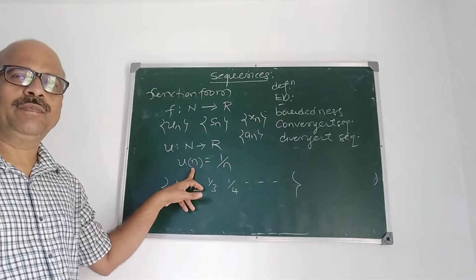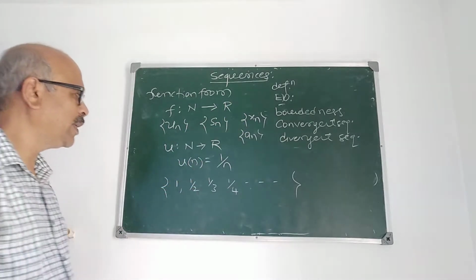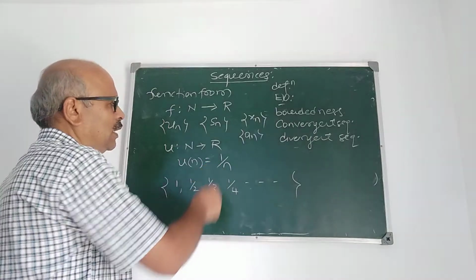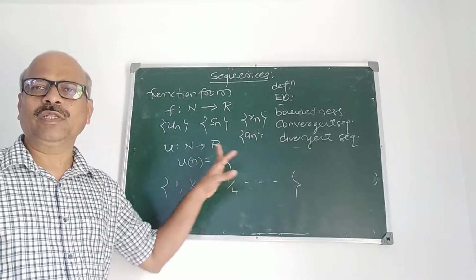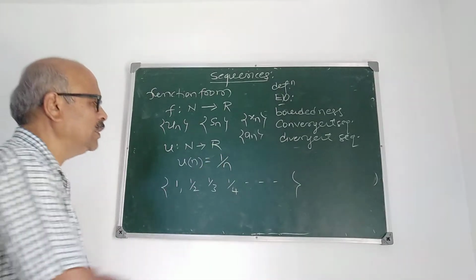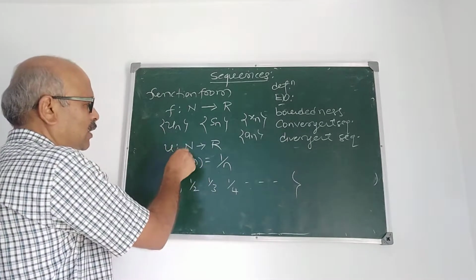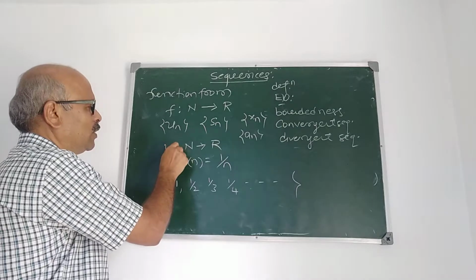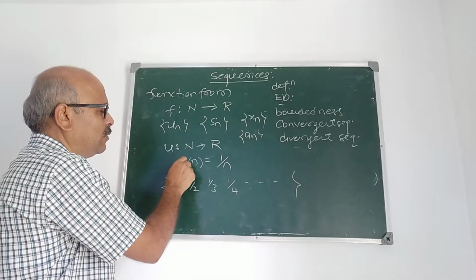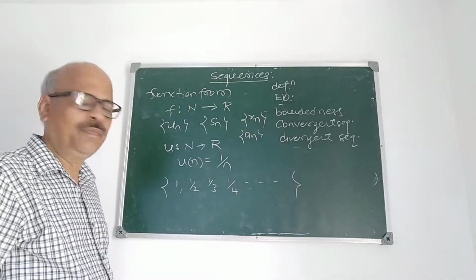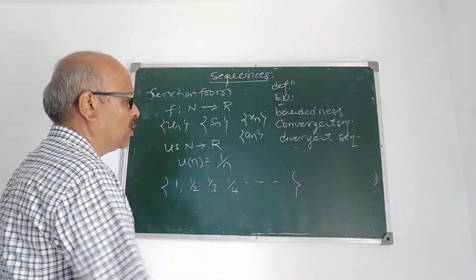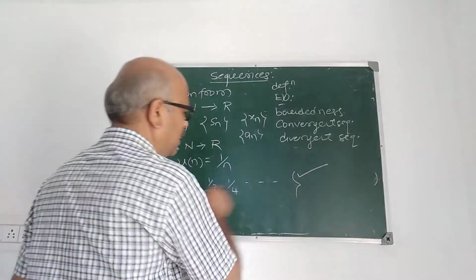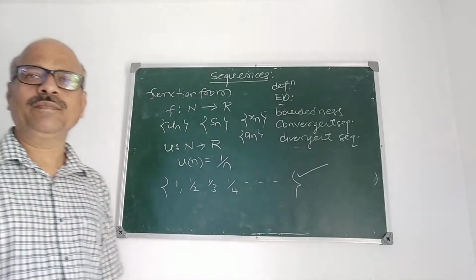This is one example. A very simple way of writing a sequence is, if you write any expression in n, then it becomes a sequence. Say I have taken un is 1 upon n. Actually the function is defined like this: u is a function from N to R, and it is defined by u of n is 1 upon n. Then what are the images? 1, 1 by 2, 1 by 3, 1 by 4 and so on. This is another method of representing a sequence.